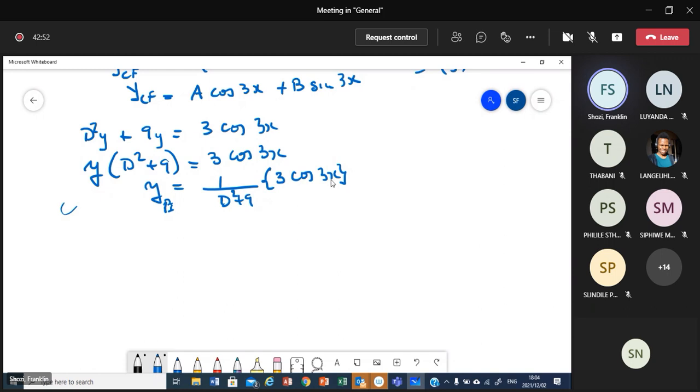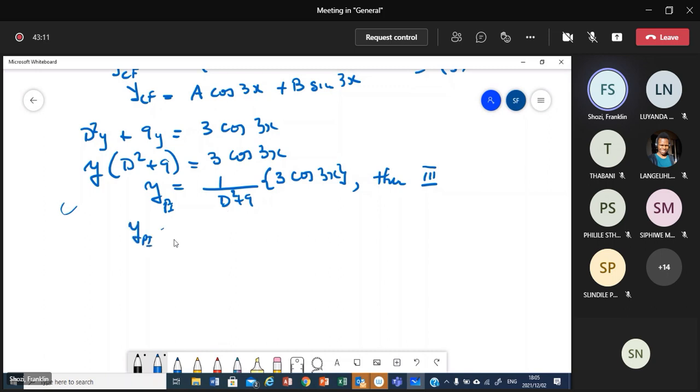Now, think of the theorem. Which theorem to use here? Theorem 3. Why? Because there is a trig function here, cos, and there is d squared there. Remember what it says. This 3 will be replacing minus d squared there.